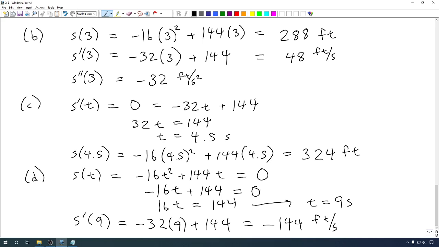That's actually pretty standard for these kind of situations when we're talking about things that are being launched. Basically projectiles. When they're at the same height going up, they have the same velocity as when they're going down, except the sign is switched. They're going down instead of up now.